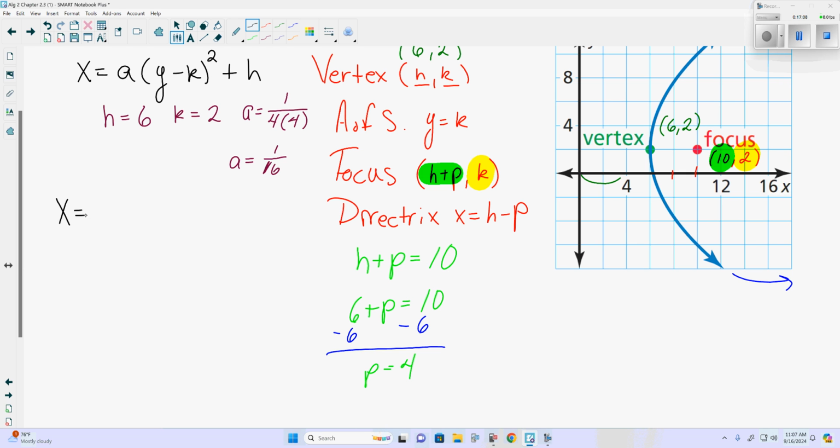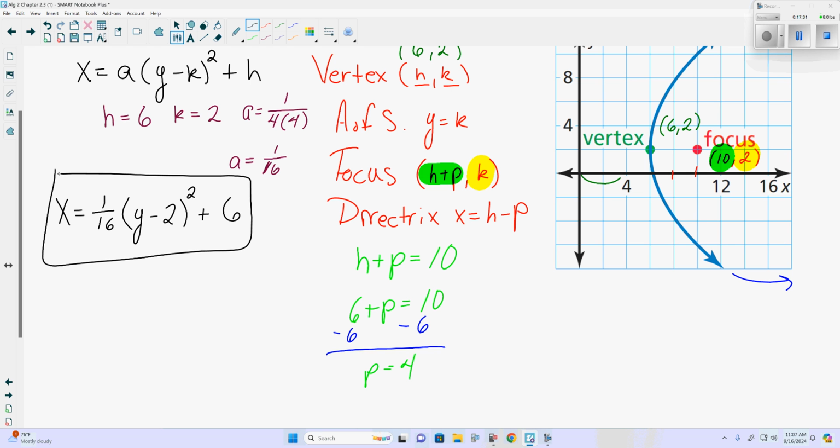A is 1/16, parentheses, y minus K. What is K? 2 squared, plus H is... that's it. Because once we find really P, H, K, we have everything we need.